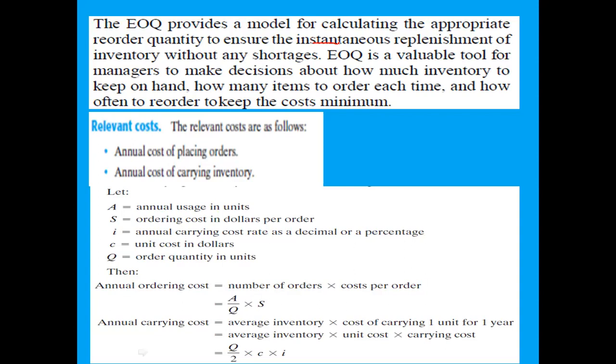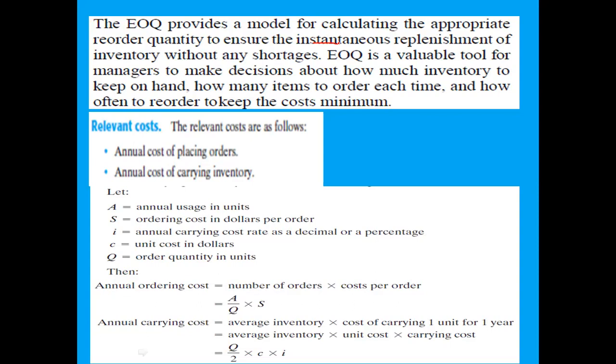EOQ is a valuable tool for managers to make decisions about how much inventory to keep on hand, how much to order each time, and how often to order to keep the cost minimum.